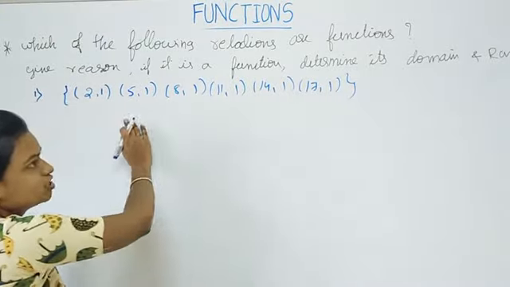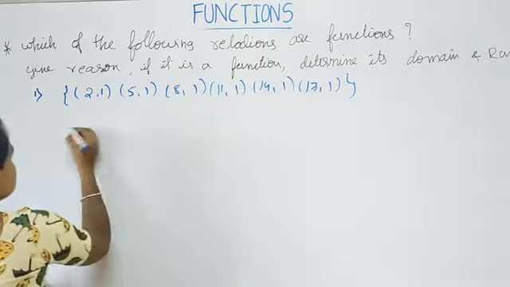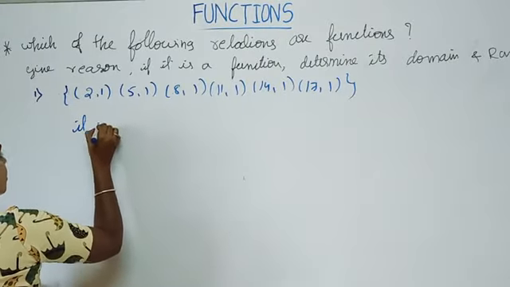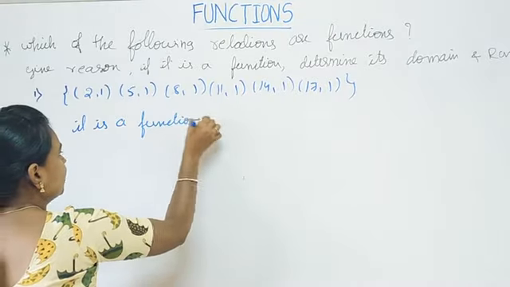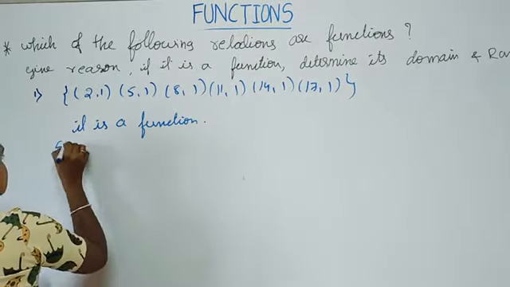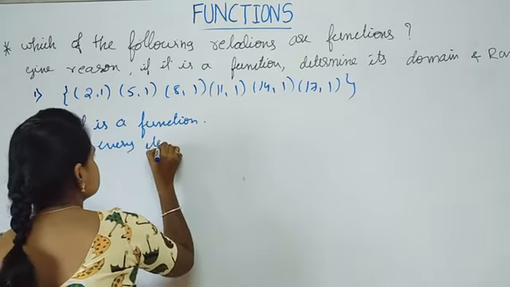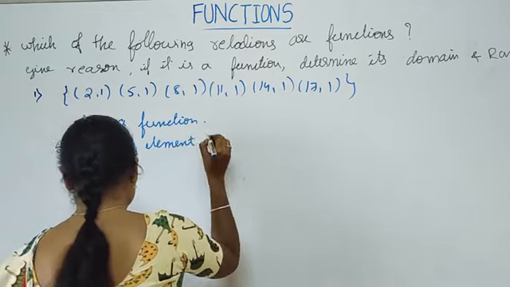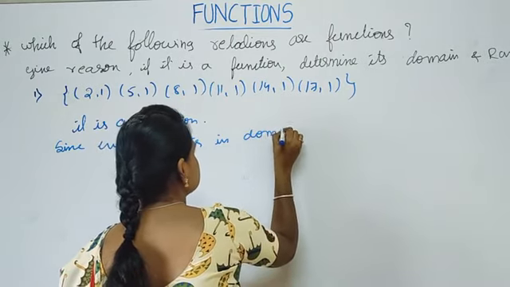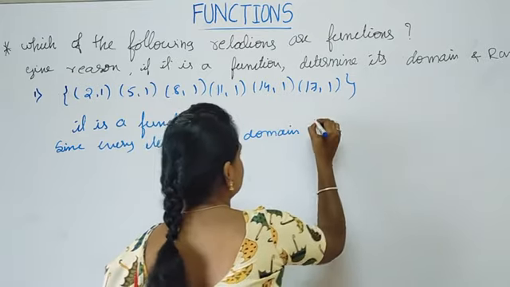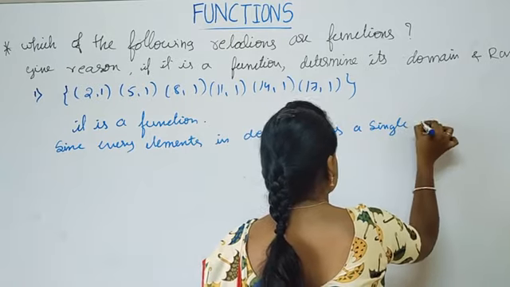So if it is a function, we have to determine its domain and range. Okay, it is a function. Why? The reason is that every element in the domain has a single image.